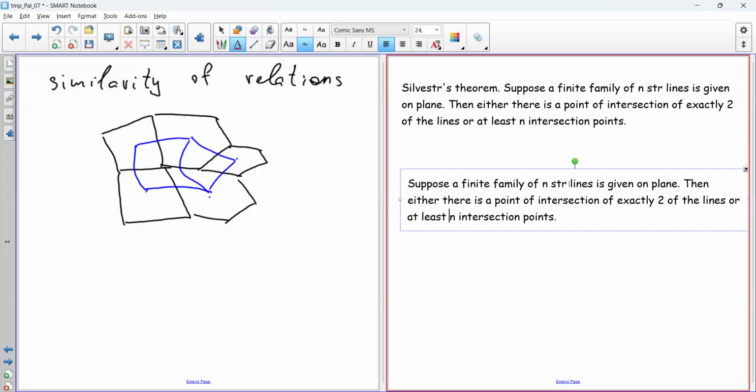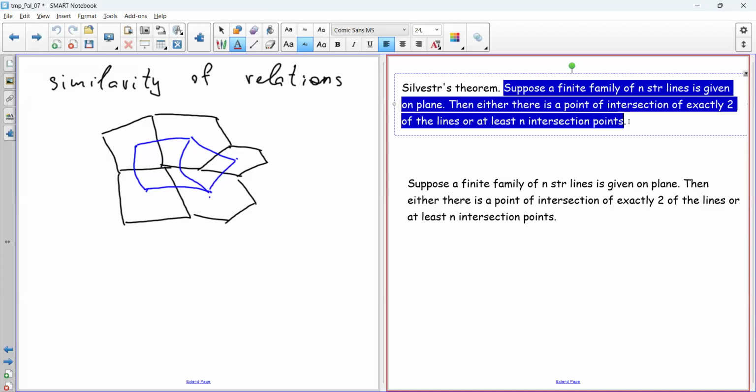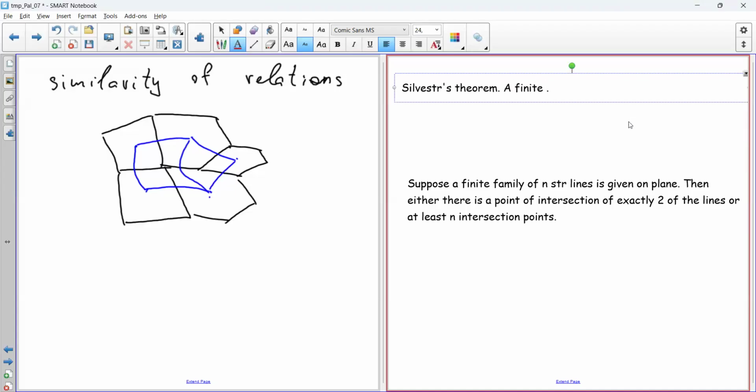I will double check the formulation here, but Sylvester's theorem would sound in a different way. I will write first the original version, and then I will write down the dual version, which would be reminiscent of this. Suppose that a finite number of points is given on a plane.